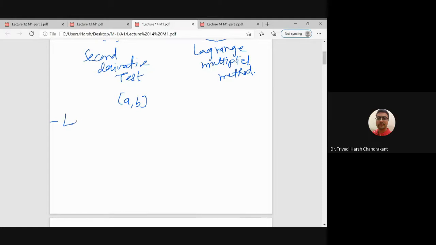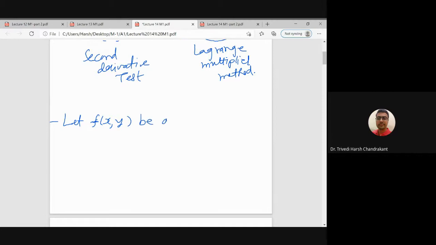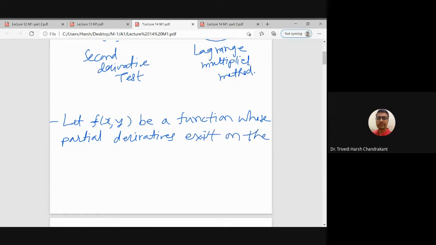So if we have a function f of x y whose partial derivatives exist on the given region.